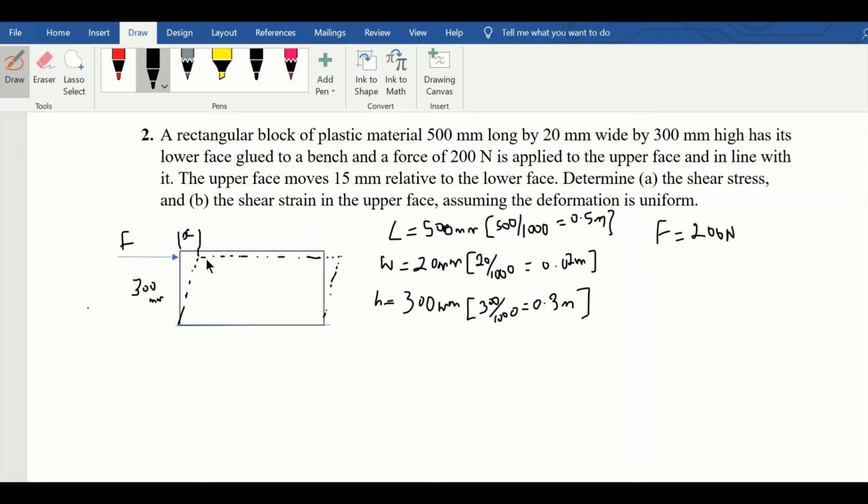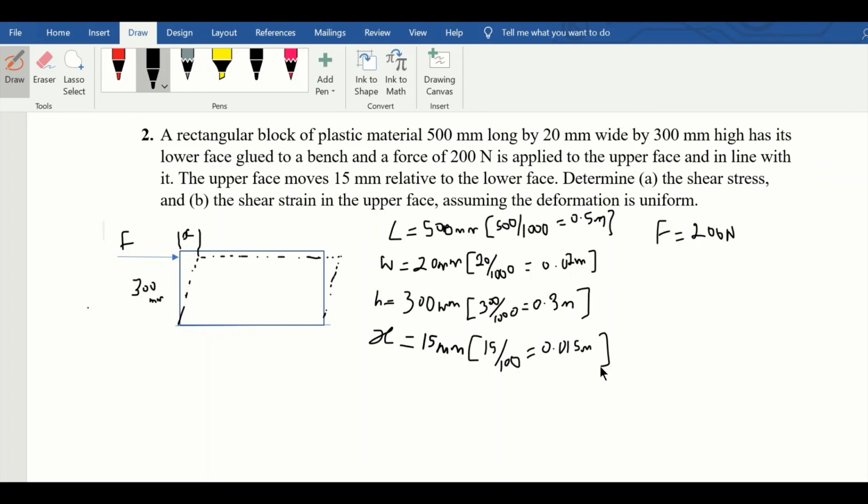And the extension X is 15 millimeters. So my extension, which is the X, is 15 millimeters. We can also convert these to meters. It becomes 15 over 1,000, and that gives us 0.015 meters. All right, so now I've gotten my given data.